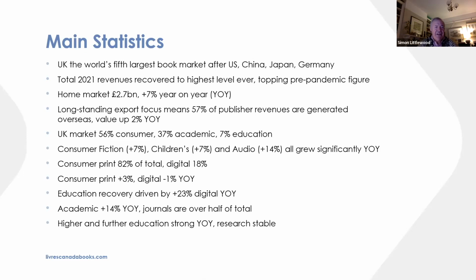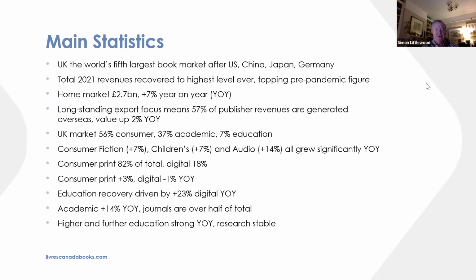It's a pretty much unique feature of the UK market that the proportion represented by sales made outside the home market is 57%. 57% of the publisher revenues are generated, and the value of that was up 2% year on year. In terms of the balance within the market, it's 56% consumer, as you see, 37% academic, and 7% education.